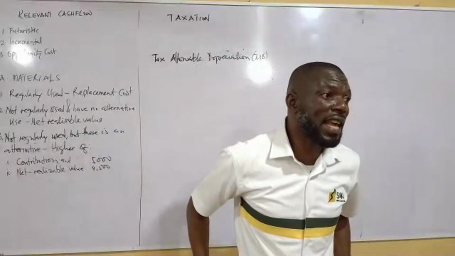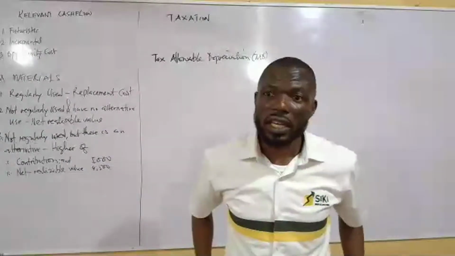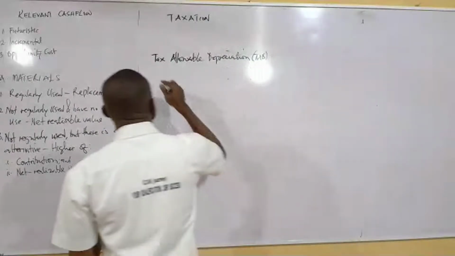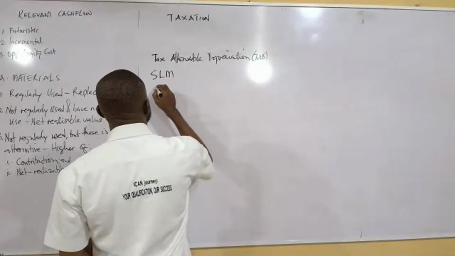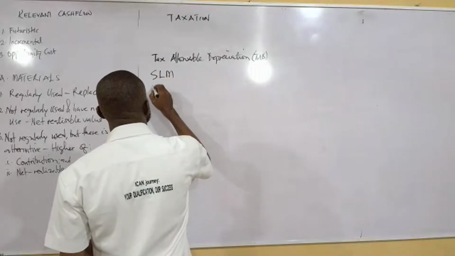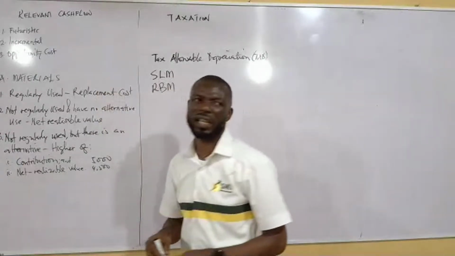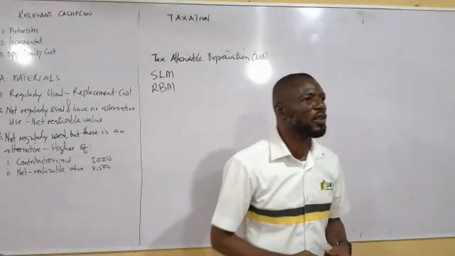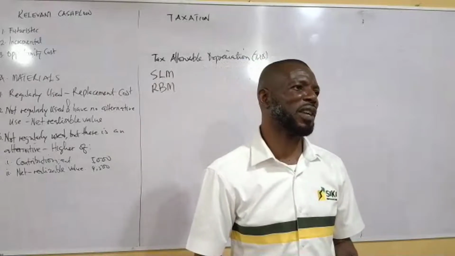To get your TAD, like depreciation, you are using two methods. You are either using the straight line method or the reducing balance method. I'm not writing with that. It's not an elementary class. Okay, welcome, elementary students.